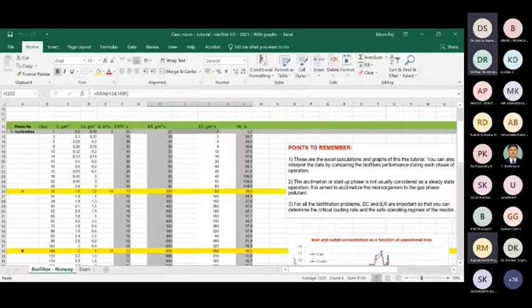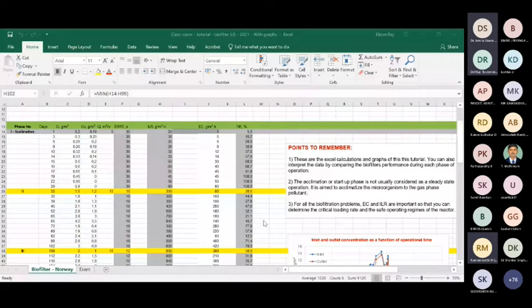So can one of you tell me what is the maximum elimination capacity of the biofilter? What is the maximum inlet loading rate, ILR, of the biofilter? And what is the range of removal efficiency of the biofilter? So there are three questions.